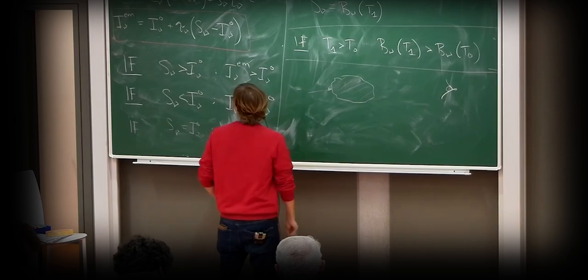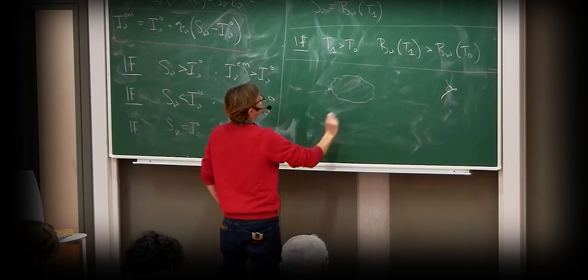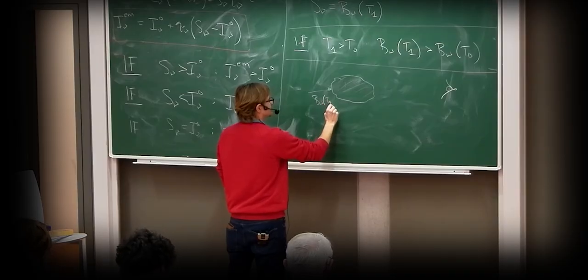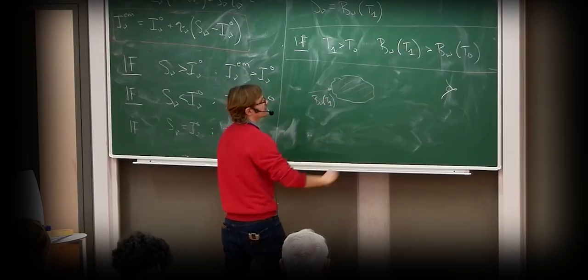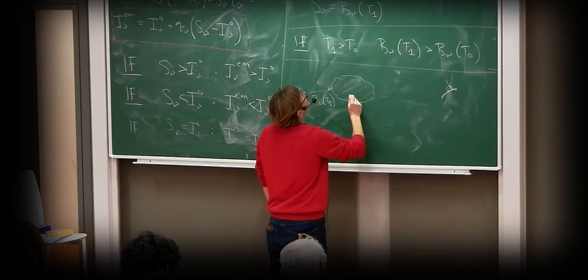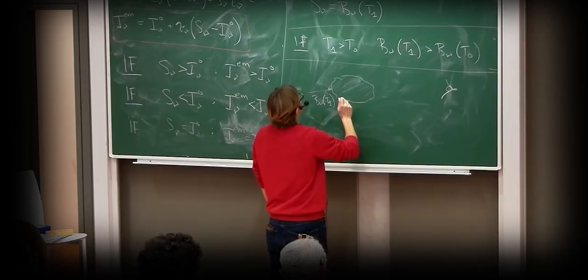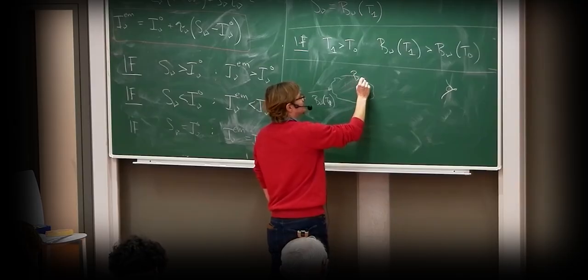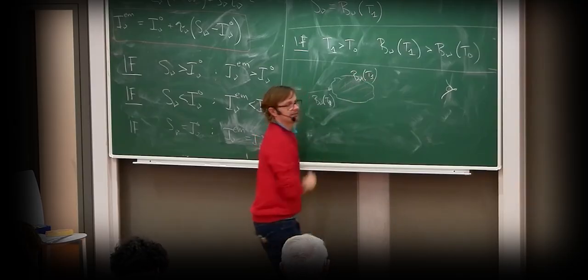That incoming intensity is given by the Planck function of temperature T0, and I call the source function B_ν(T1).